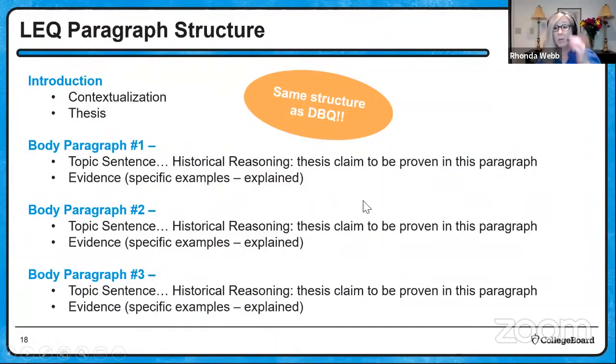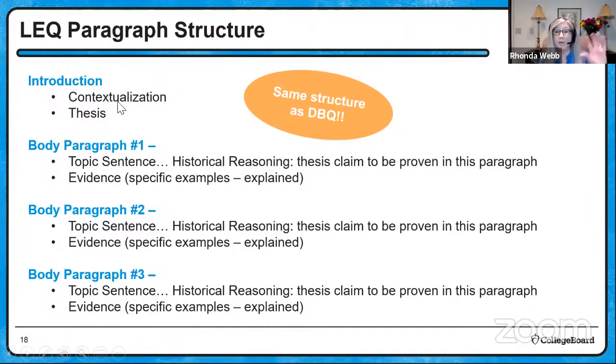Now, that historical reasoning point that I mentioned is asking you to make an evaluation related to causation, comparison, or continuity and change over time, depending on the question. Where I think this fits best is with the topic sentences of your paper.